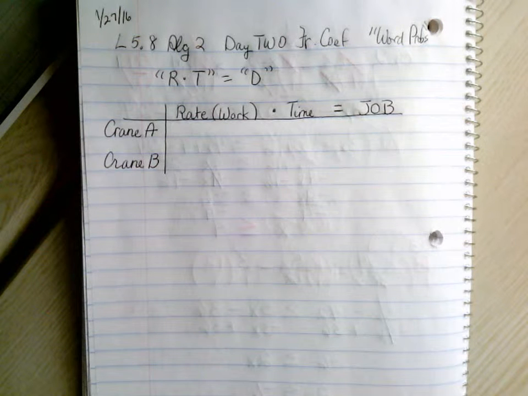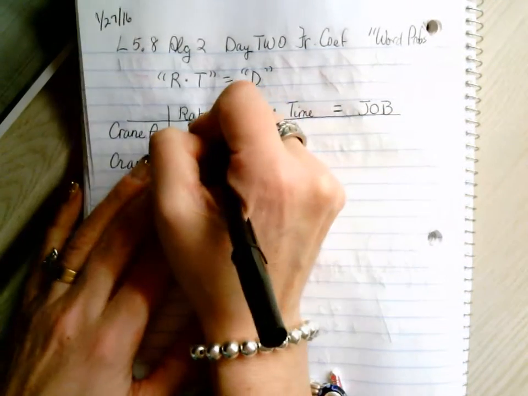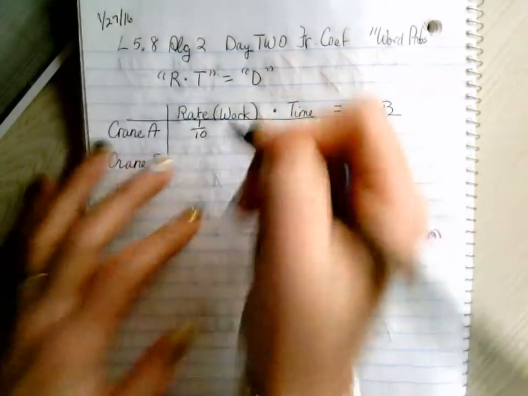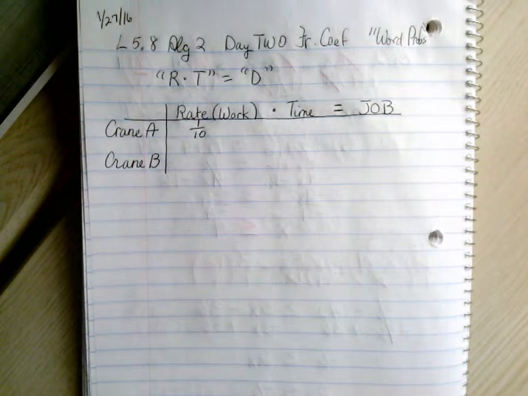Crane A can unload a container in 10 hours, which means crane A's rate is 1/10 of the job per hour, right? Hour 1, he gets 1/10 done. The second hour, now he's up to 2/10. 10 hours later, he has completed the job, whatever it is.